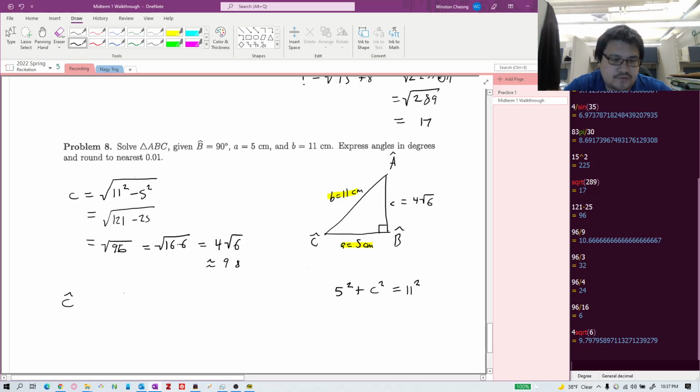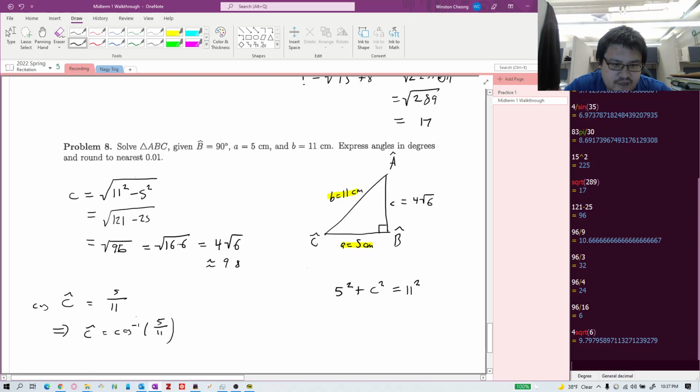Adjacent and hypotenuse should make you think of cosine. So cosine of this angle is adjacent over hypotenuse, 5/11. Now we take the inverse cosine of both sides, and that's going to give me C. I'm going to need to plug this into a calculator.